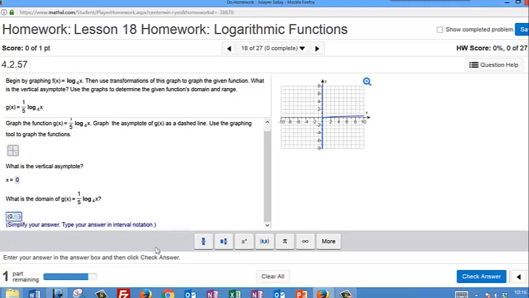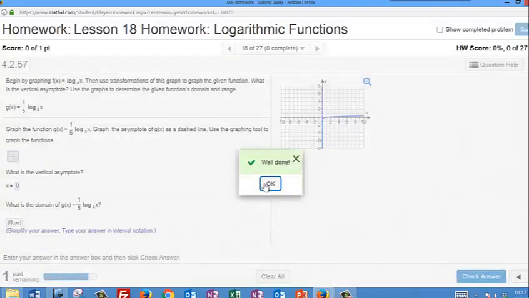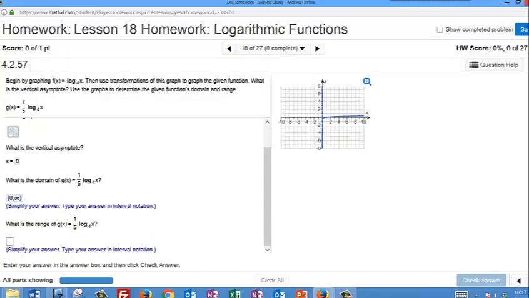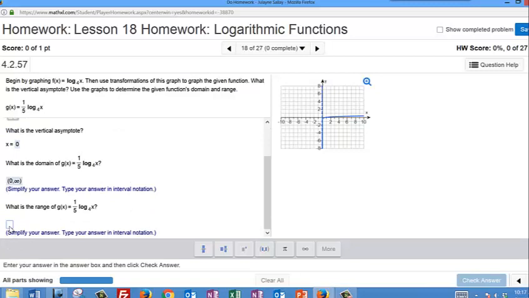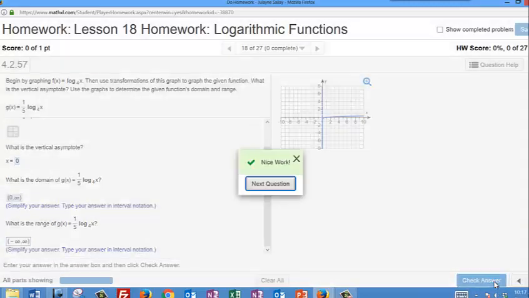So I have (0, infinity). Let's check that answer. And the range for all logarithms is going to be all reals. Just like the exponential, where the domain was all reals, now this is the inverse, which is a logarithm, so the range will be all reals. Go ahead and check that answer. Alright.